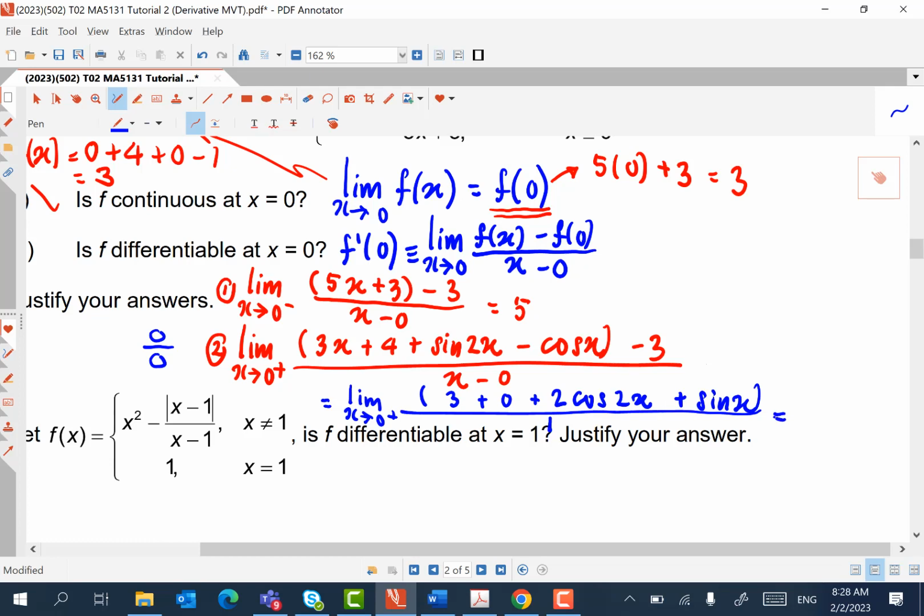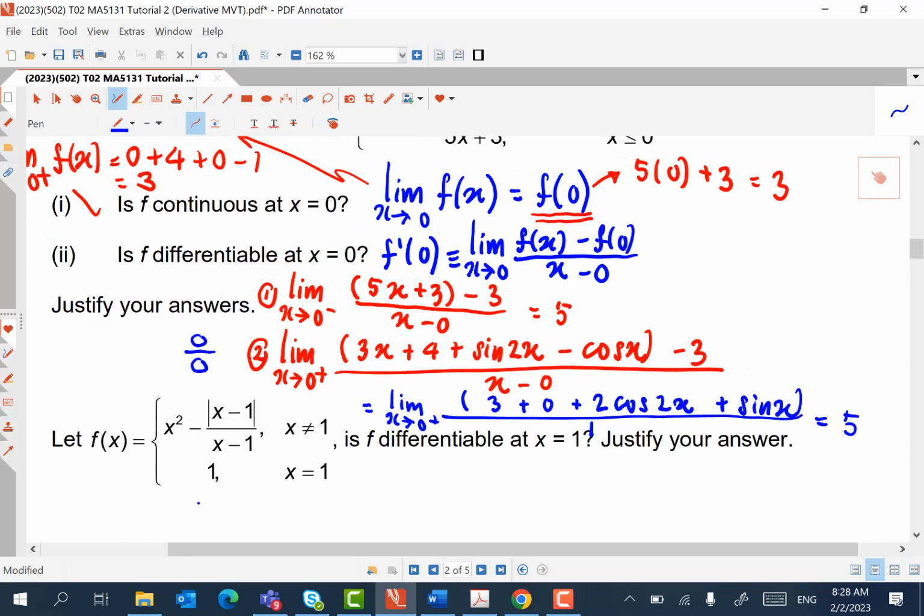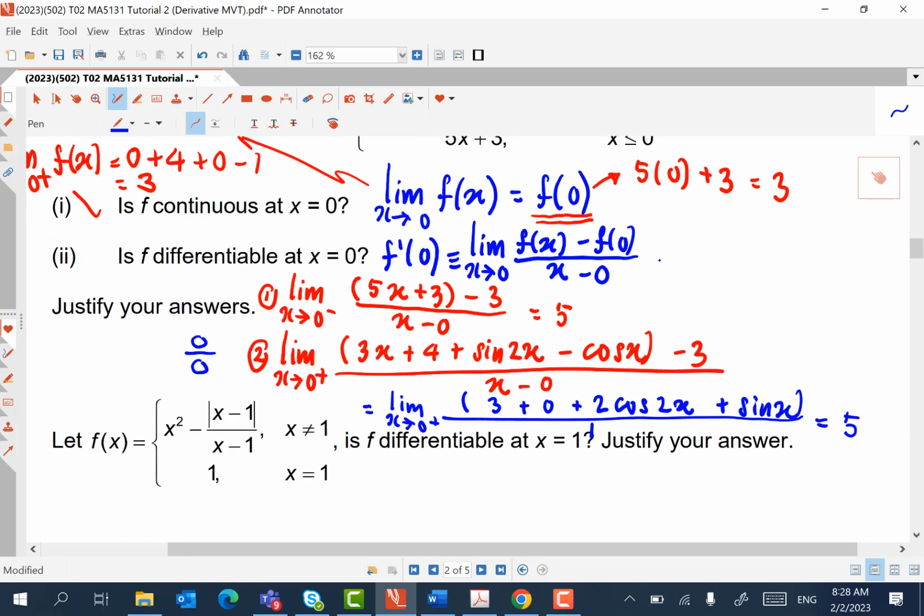And when x goes to 0, you will have a value of 5. So with this, we conclude that the derivative at x equals 0 is 5, because the left and the right derivative are both 5, so f prime of 0 is also 5.